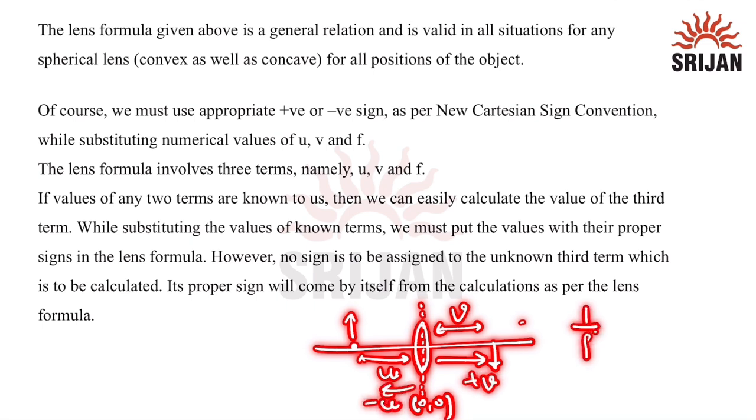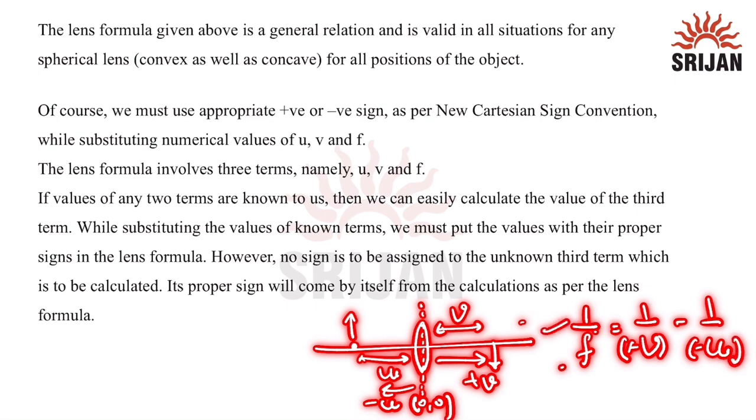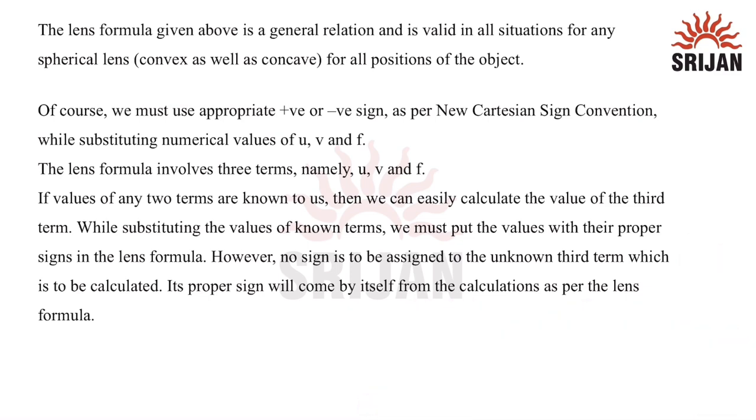So while writing the formula 1 upon f equals 1 upon v minus 1 upon u, it would be plus v and minus u. Then I can easily get the focal length. This minus and this minus are two different things. This is from the sign convention and this is from the formula. Don't mix them up while solving the questions.